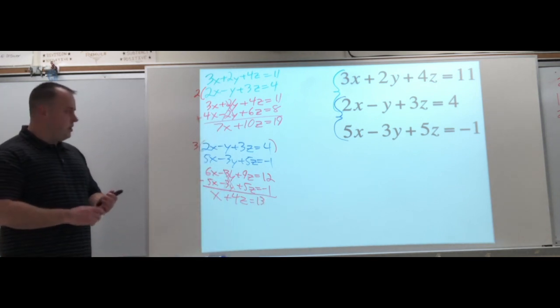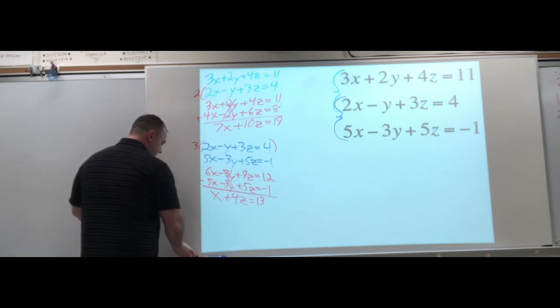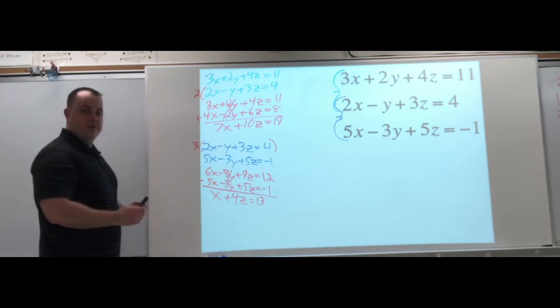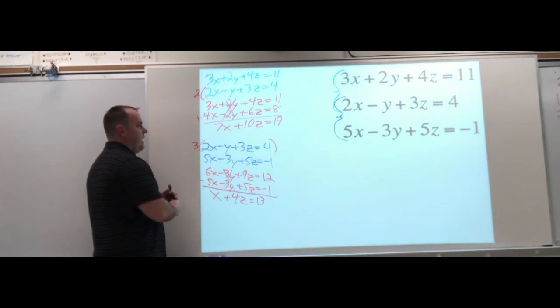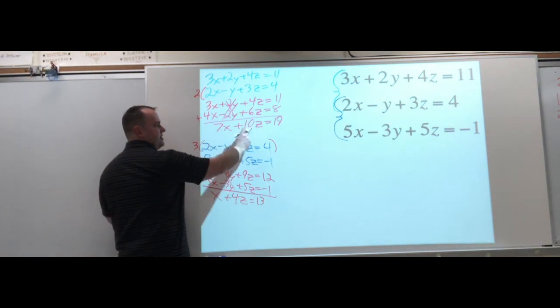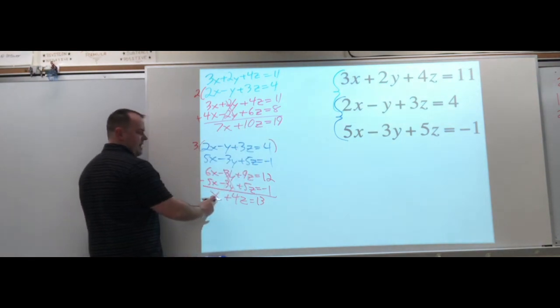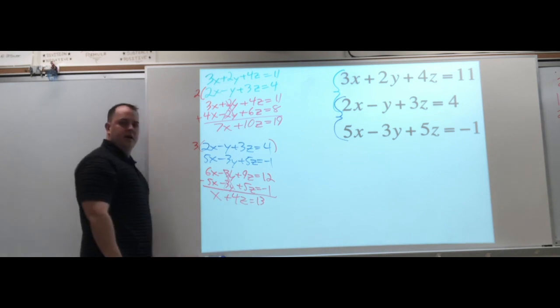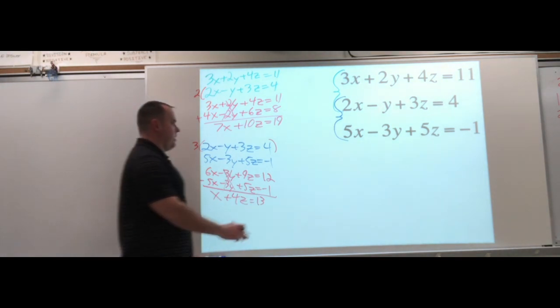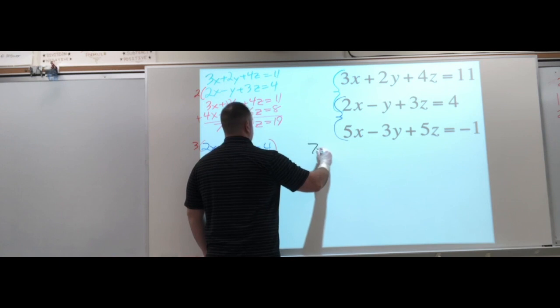And now what you should notice here are 2 equations, the results. We have 7x plus 10z equals 19, x plus 4z equals 13. Let me rewrite them so we can see them a little nicer.